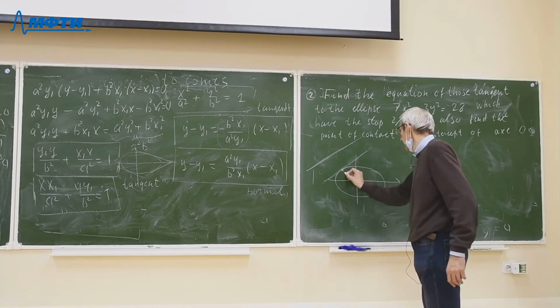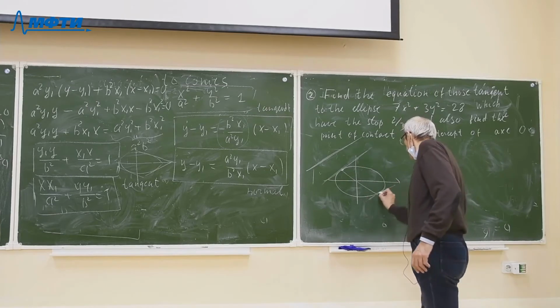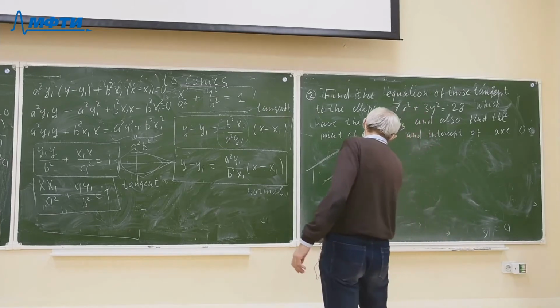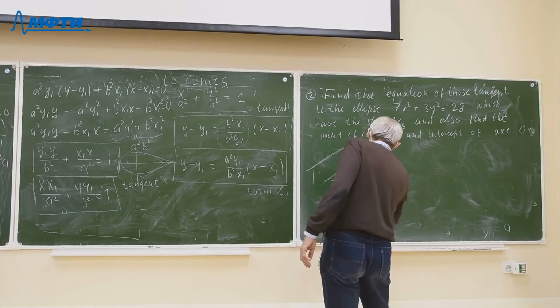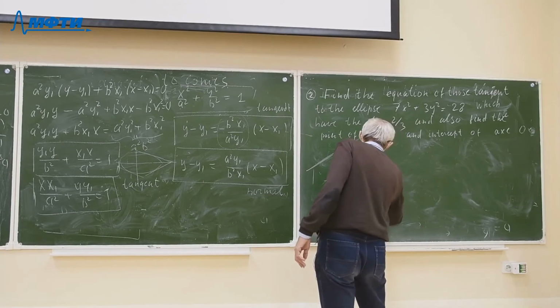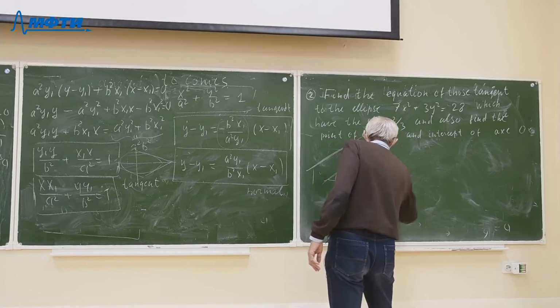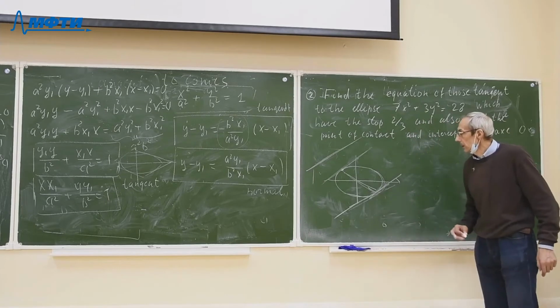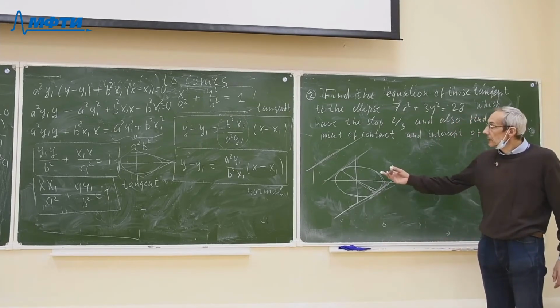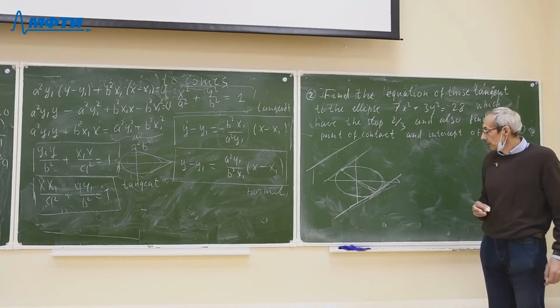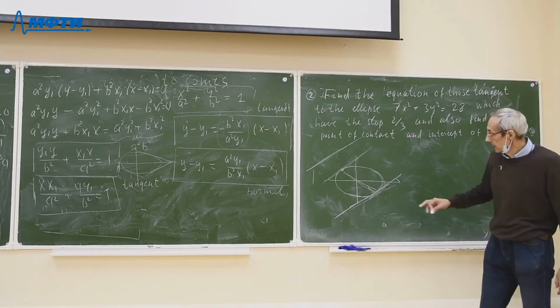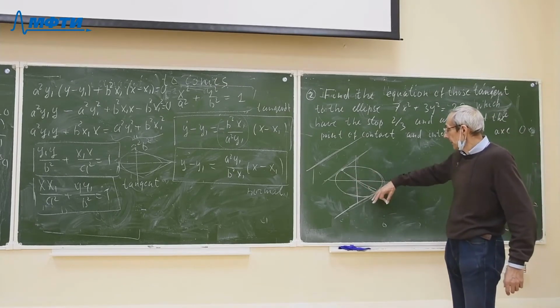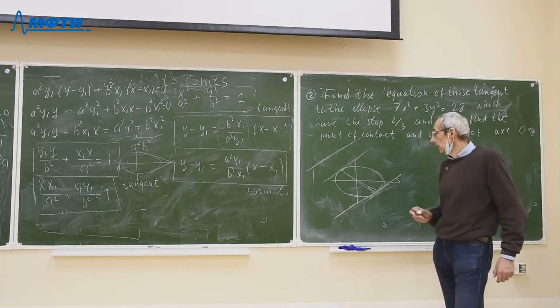We obtain the symmetric point in which the straight line with the given slope also contacts our ellipse.